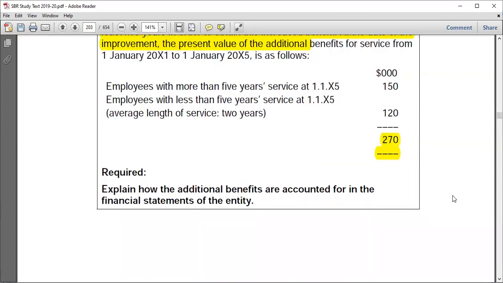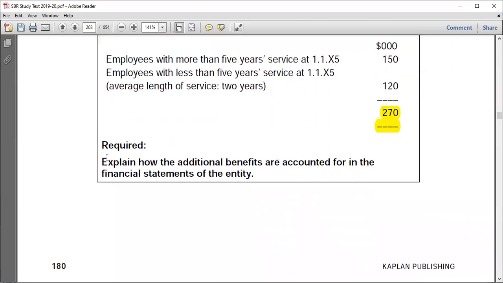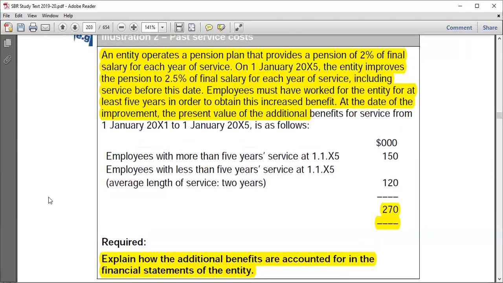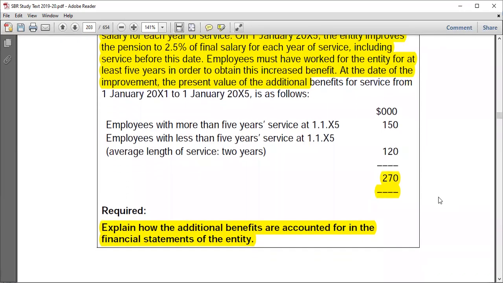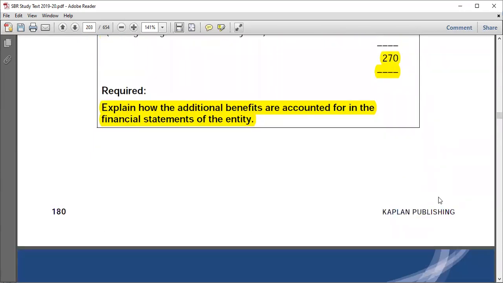The requirement says to explain how additional benefits are accounted for in the financial statements of the entity. How are we going to account for those additional benefits? And we are told here that at the date of improvement, the present value of additional benefits is 150, and then we have 120, right? Okay, how do we deal with that now?